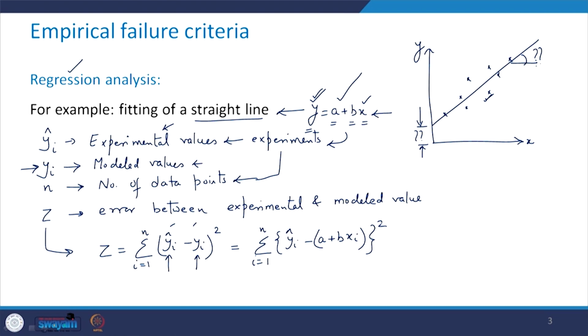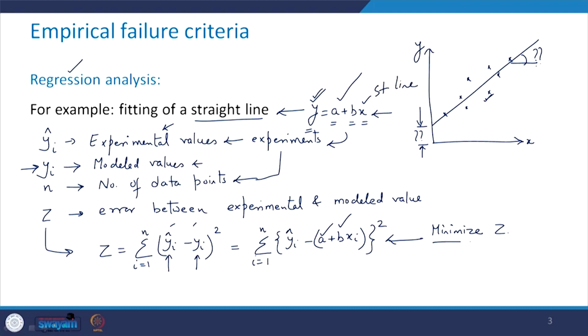Now in order to minimize this error, our objective is to minimize this z. A and b are the parameters of this model, and in this case it is the straight line.